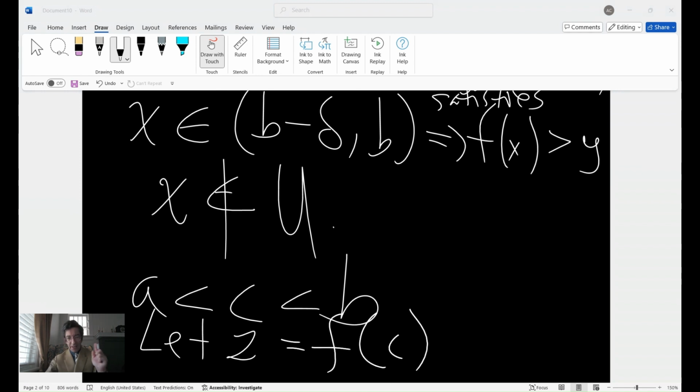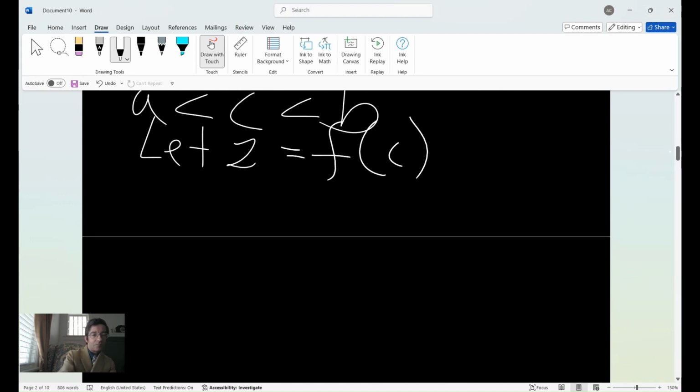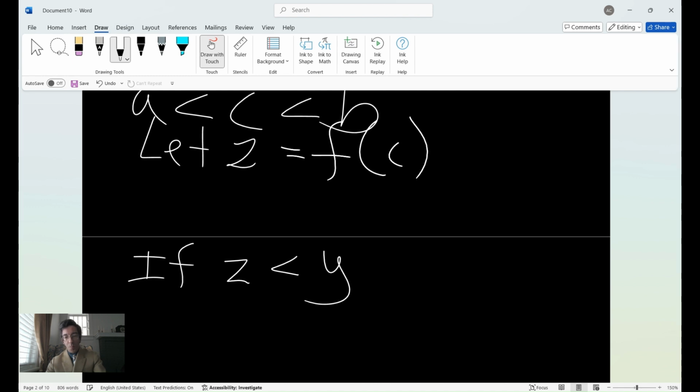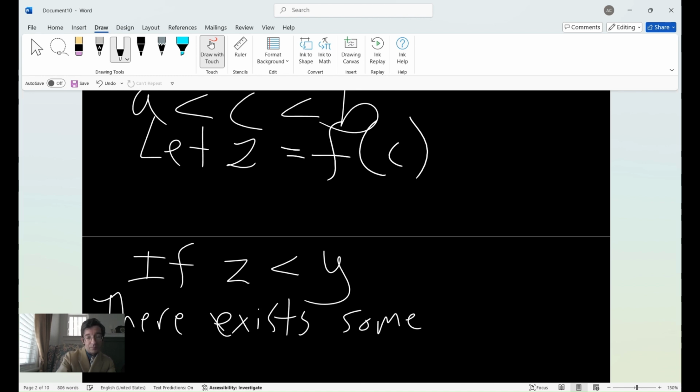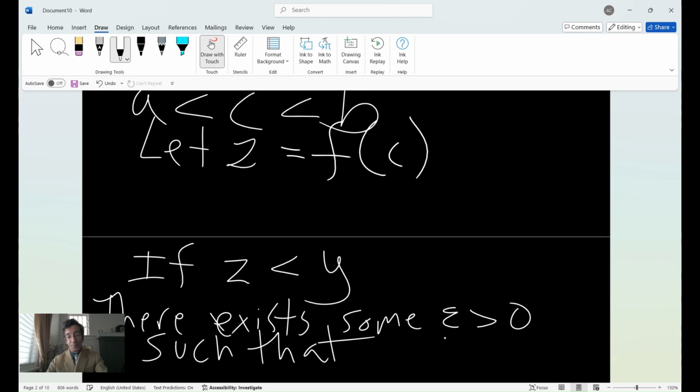So if Z is less than Y, then there exists, we could say, some epsilon greater than 0 such that Z plus epsilon is less than Y.